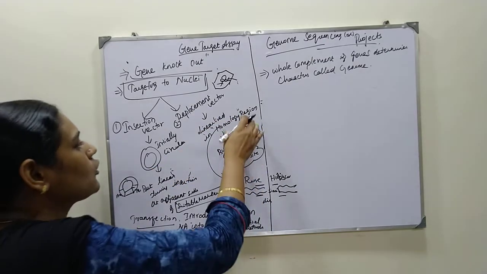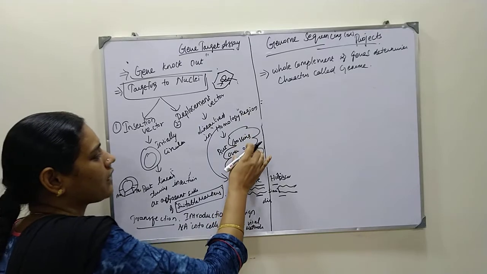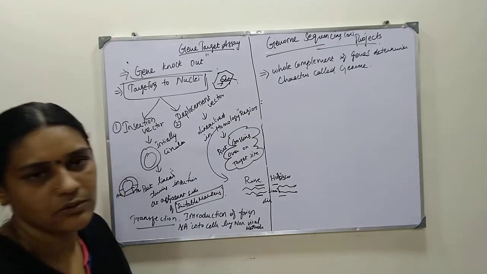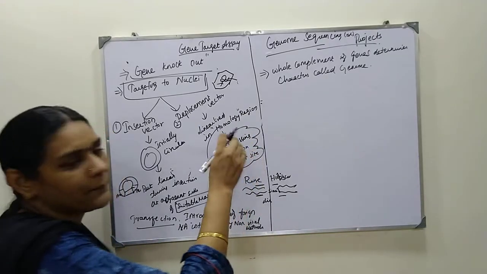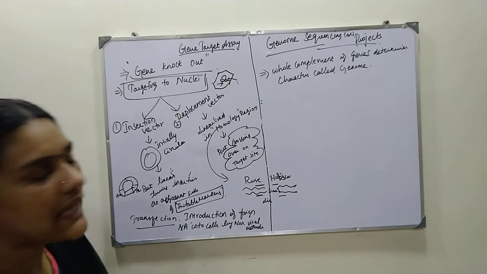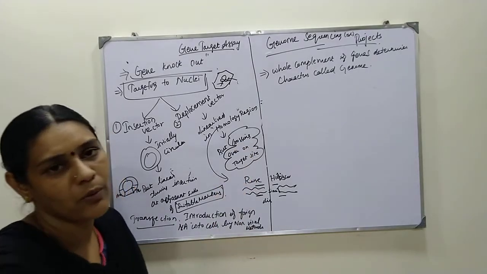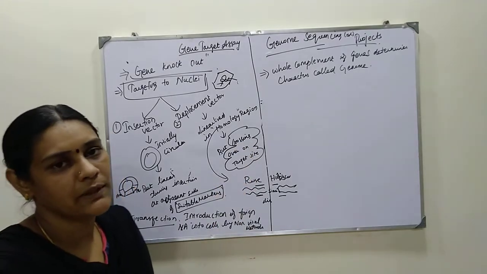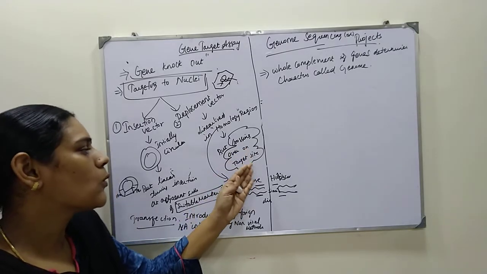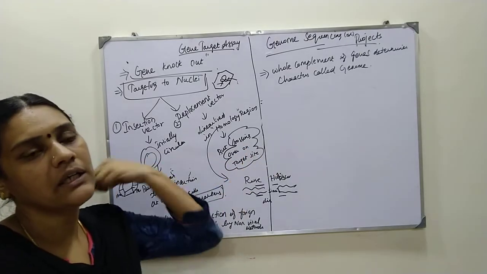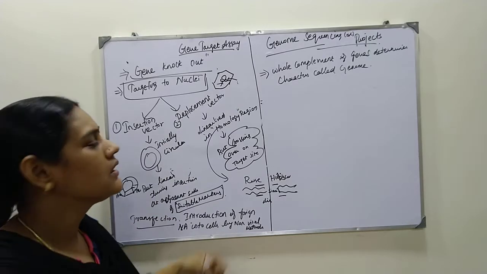Other than the homology region, it causes the crossing over on the target site. Where it has to go, that site is called target site. In that target site, it causes the crossing over. Crossing over I have explained many times in videos. This crossing over, which is going to the target, crosses over with the target site.